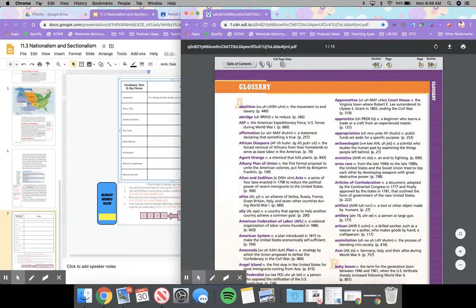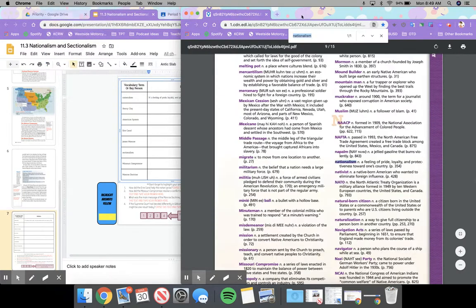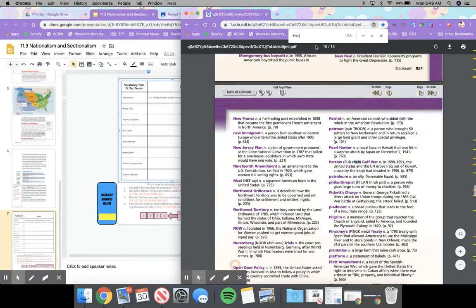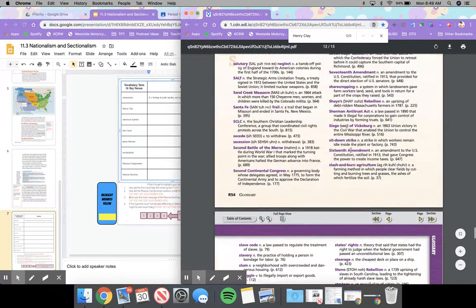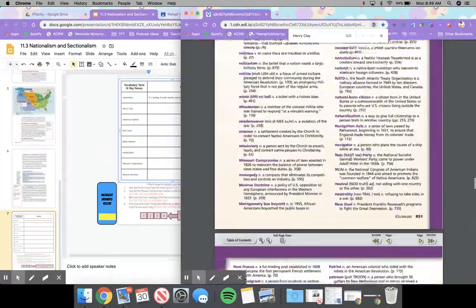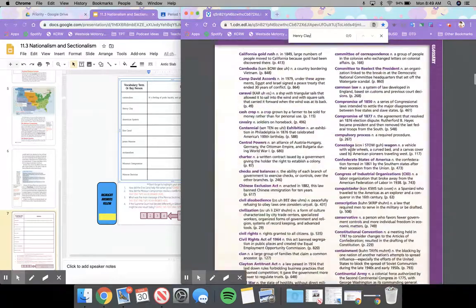Again, edit, find, delete nationalism, and type my next one, Henry Clay. So Henry Clay I couldn't find. Let's see if it's just in the alphabetical version of the glossary.